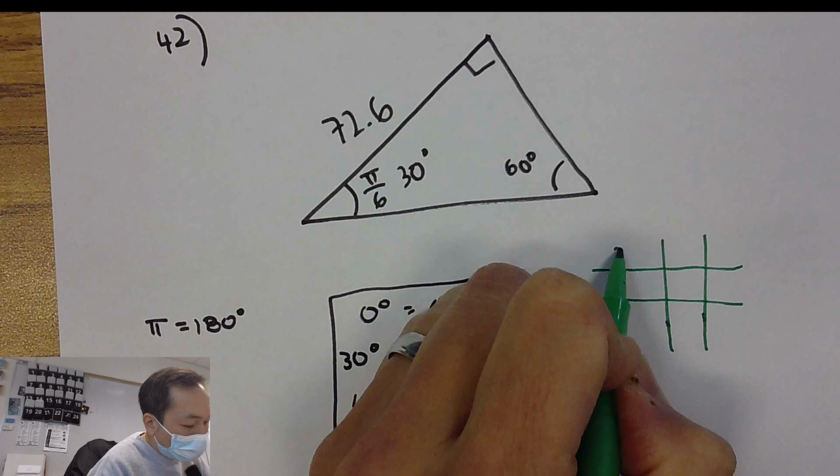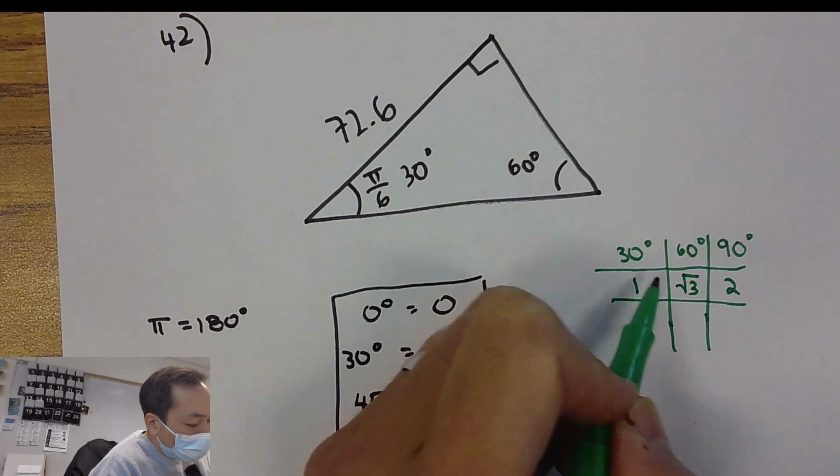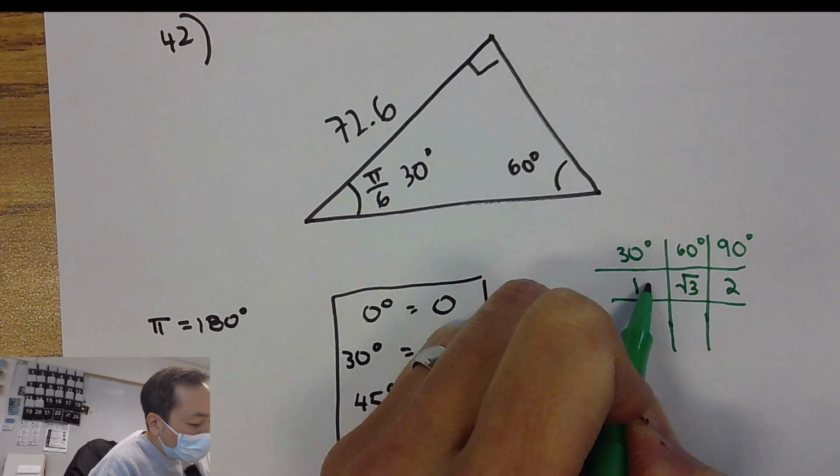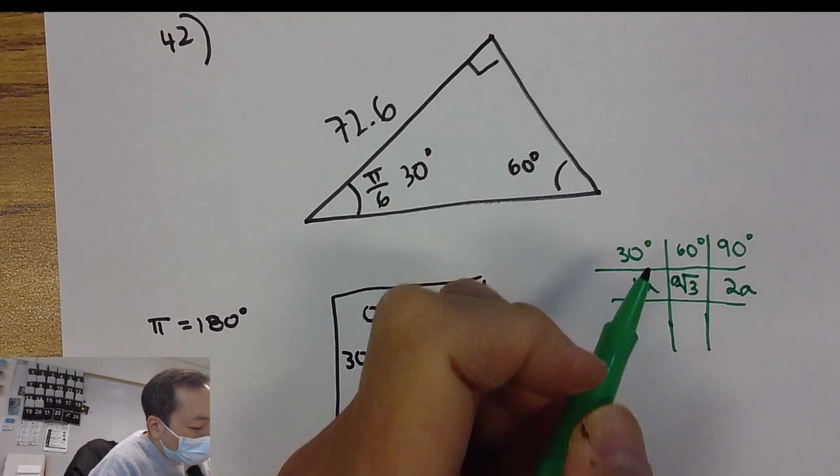Across the 60 is square root of 3. Across the 90 is 2. I'm just going to put a variable here because any multiple of this 1, rad 3, and 2 is also going to be a special right triangle.